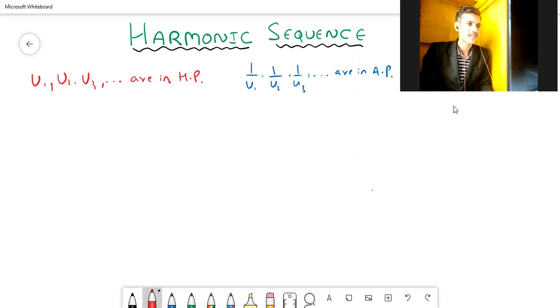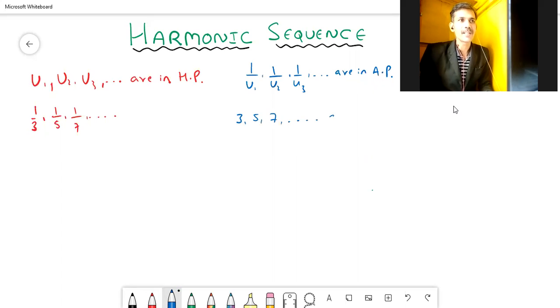We'll give some numerical examples, like 1 by 3, 1 by 5, thereafter 1 by 7. If these are in harmonic progression, then the reciprocals 3, 5, 7 will be in arithmetic progression.